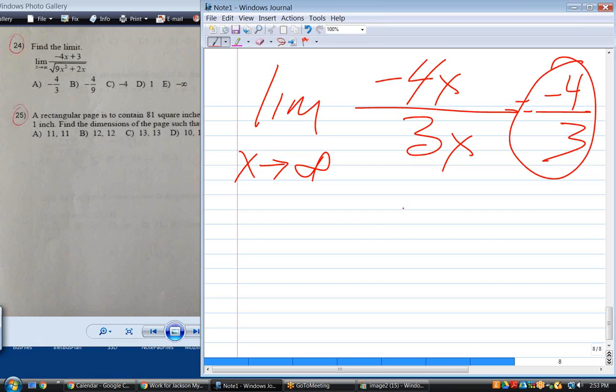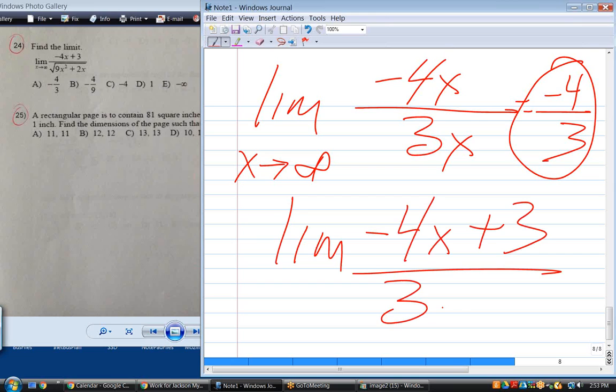In other words, this is the same problem as if I said, what is the limit of minus 4x plus 3 over 3x plus 2x to the 1/2? That's not exactly what the square root of that is.